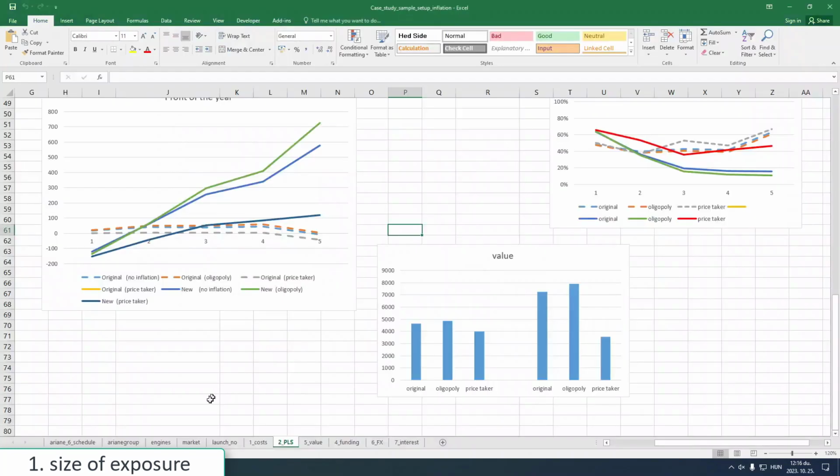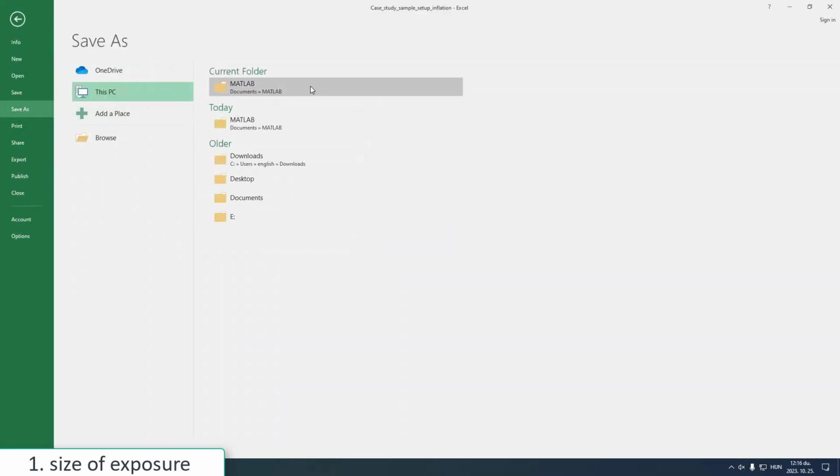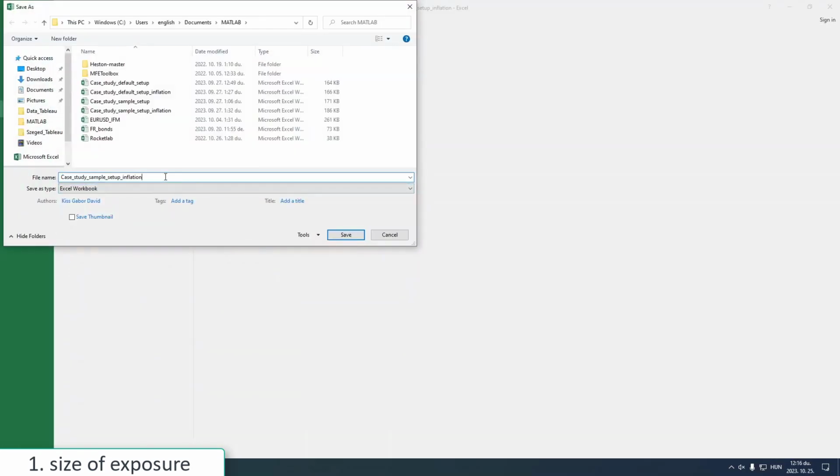So that's why we can use case study sample setup inflation here, and also I will save it as FX exposure.